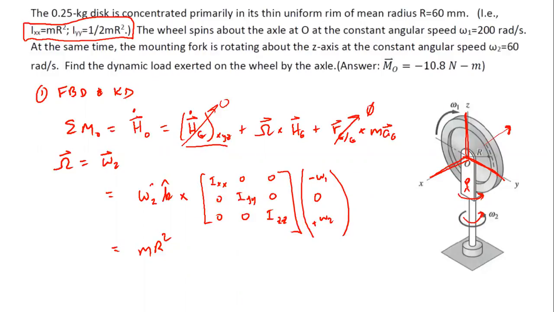Okay? So we talked about in class the other thing you could have done: if you had chosen this capital omega to equal both of them together, then this H dot G XYZ term is not equal to 0.